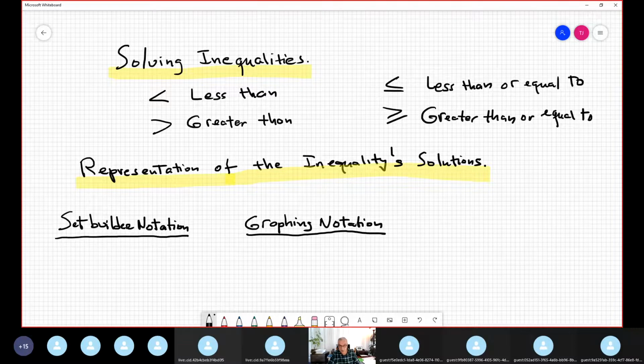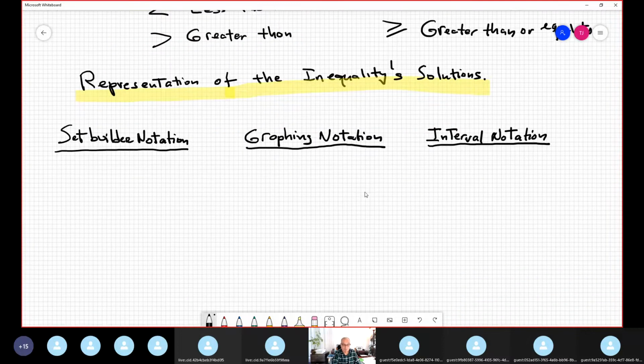And another possibility is interval notation. Okay, by the way, guys, this is the most popular. In the test, I always ask you for interval notation. Maybe in Alex, no. Maybe another, no? But the most popular is interval notation in the test.